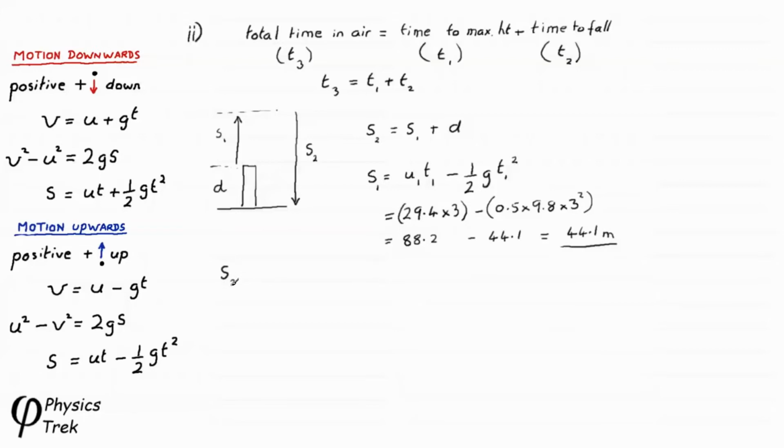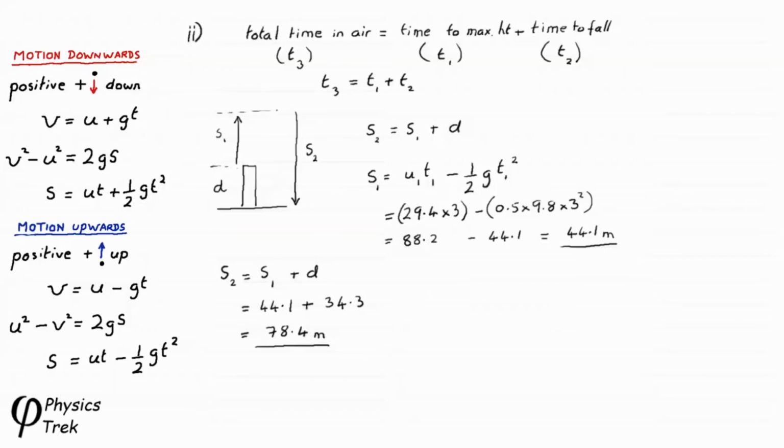Now, as we said before, s2 is equal to s1 plus d, so putting the numbers in, s2 is equal to 44.1 plus d, which is 34.3, and that comes to 78.4 meters. s2 is 78.4 meters.